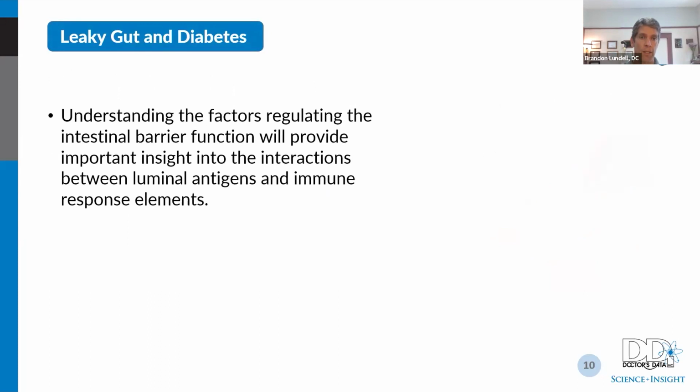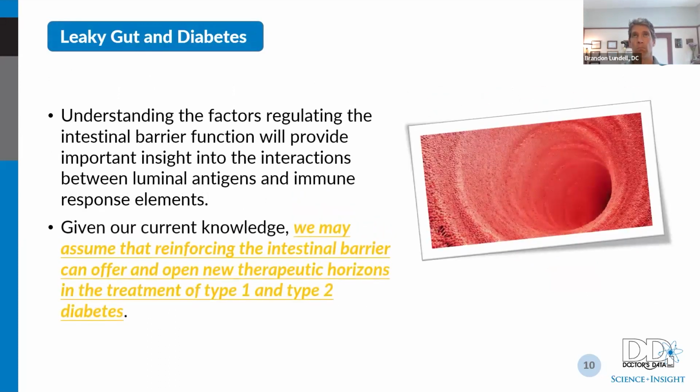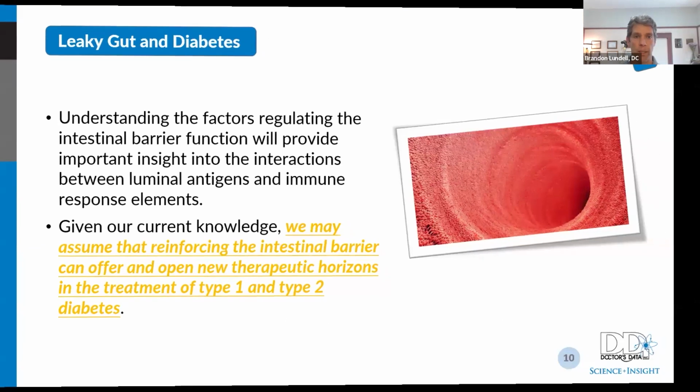So both type 1 and type 2 have this autoimmune or leaky gut component. So reinforcing the intestinal barrier really does become ground zero for autoimmune treatment.